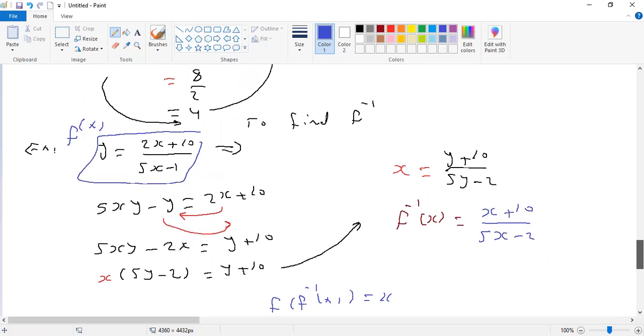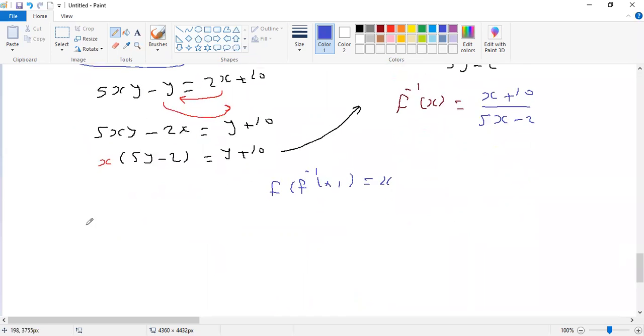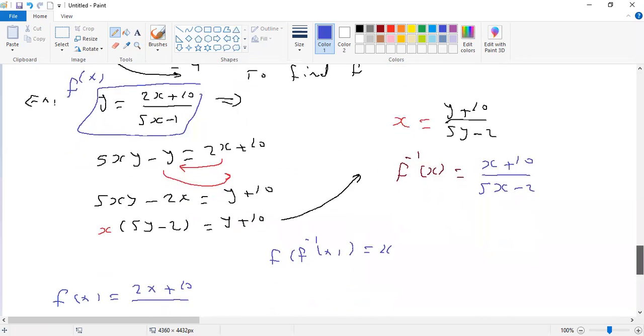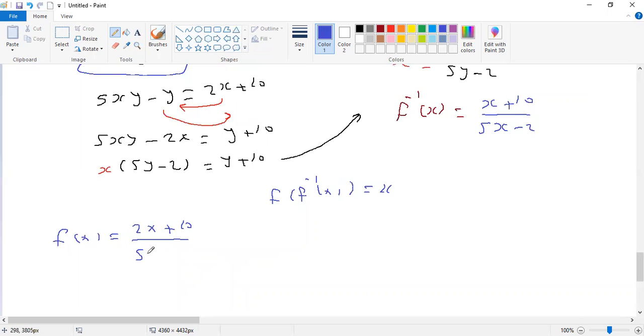Now again, let me write it: f of x is equal to 2x plus 10 over 5x minus 1. The inverse function, f inverse of x, the solution is x plus 10 over 5x minus 2.